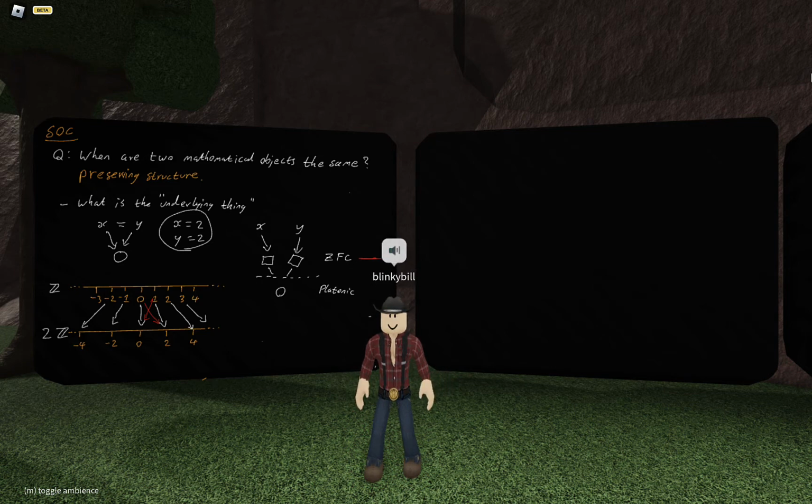I actually don't want to get into that point, but the final point I want to make is that in answering the question of when are two mathematical objects the same, or more precisely, are these two mathematical objects the same, the answer is more than just yes or no. Specifically, in this instance, there is a witness of the positive answer.